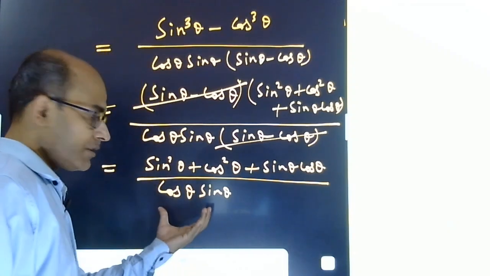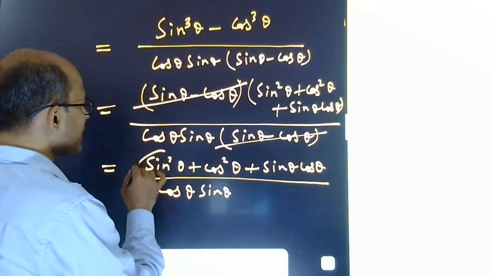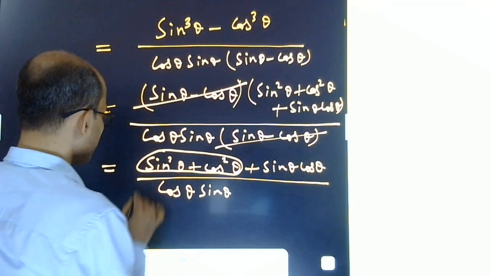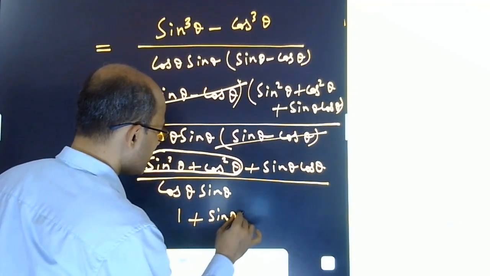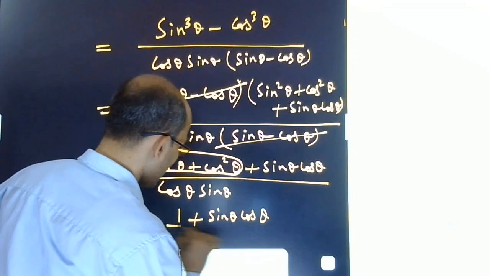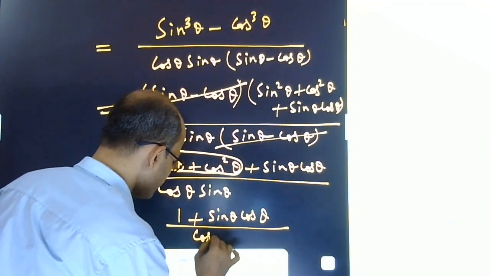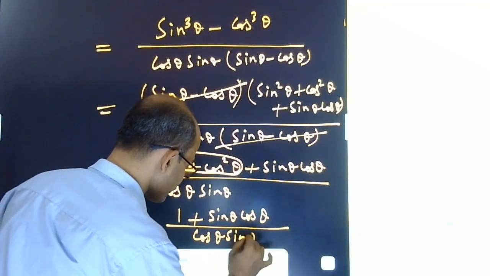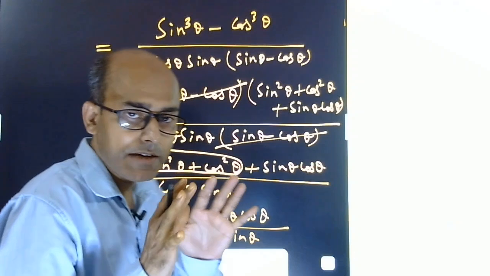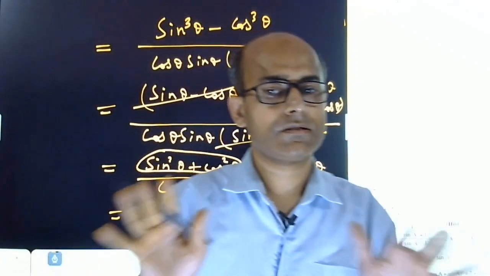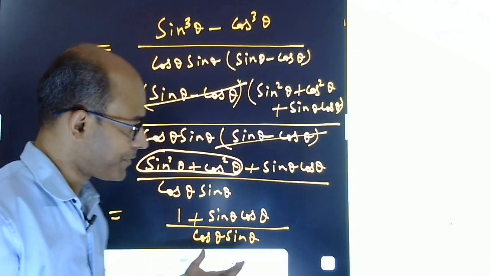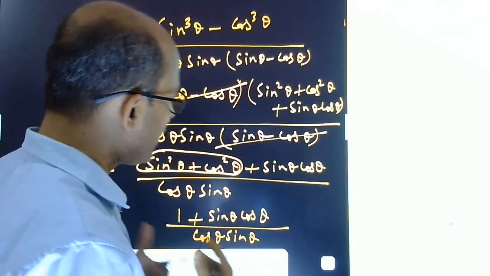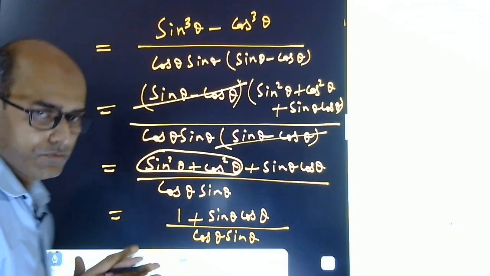So we have got this. The value of sin square theta plus cos square theta will give how much? 1 plus sin theta cos theta divided by cos theta sin theta. Still we haven't arrived at our destination. We haven't obtained the RHS yet. So we will have to be a little patient, but no need to worry.